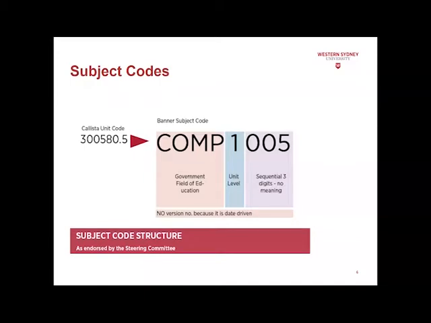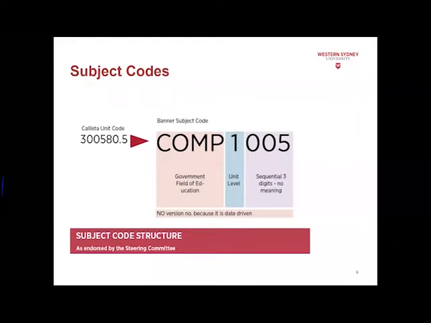So we've done quite a lot of work to work out the best way of doing the subject codes for our future. The first 4 characters will be mapped to the government field of education. The next number will be an indicator of the level of difficulty for the unit, and that is similar to what we're using in Callista at the moment, 1, 2, 3, etc. And the last 3 numbers are just a sequence, essentially the next number that comes off the roll as we create a new subject.